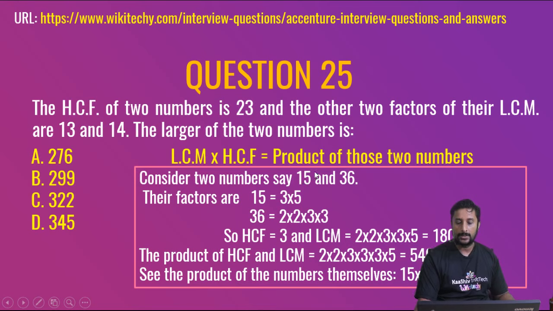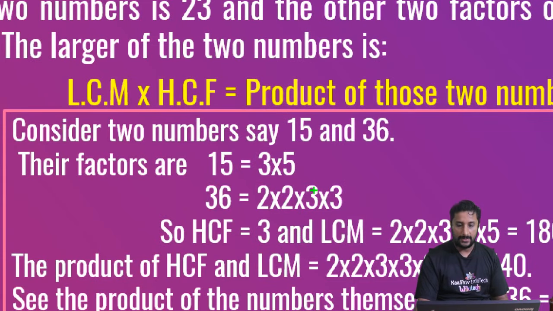I have two numbers, 15 and 36. 15 we can write as 3 into 5, and 36 as 2 into 2 into 3 into 3. Here the HCF is 3. The LCM is 2, 2, 3, 3, and since 3 is already there, then 5.